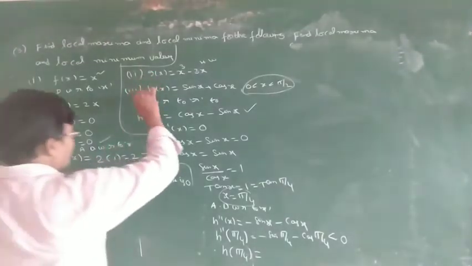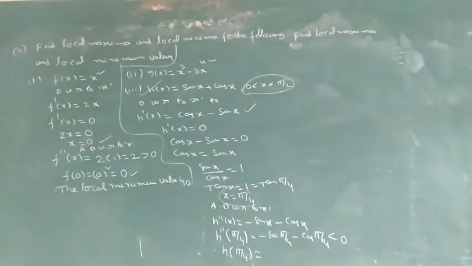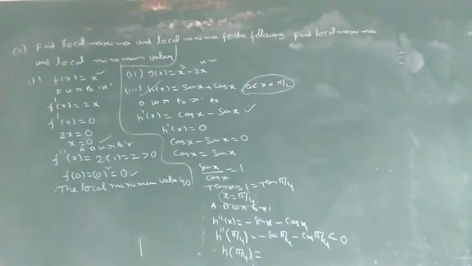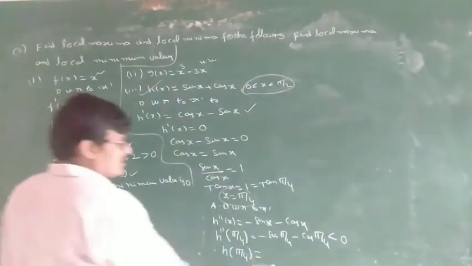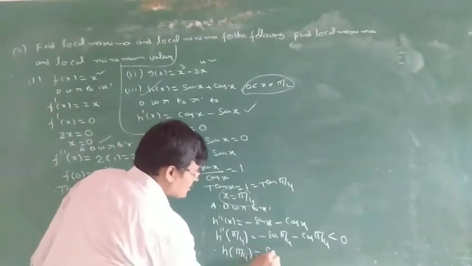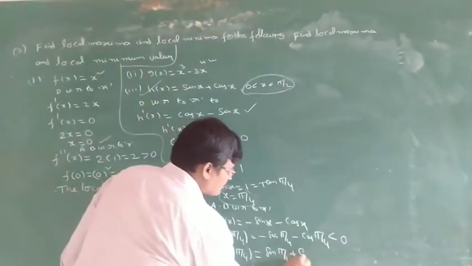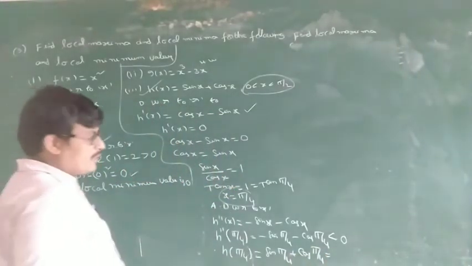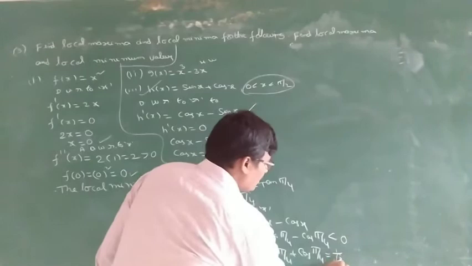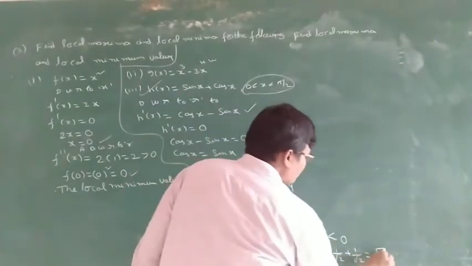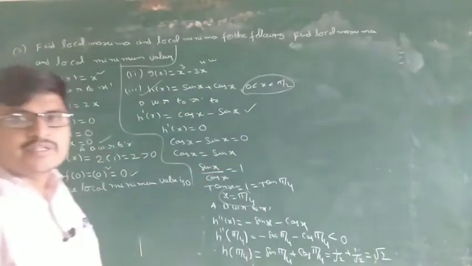We substitute the x value in the given function to get the maximum or minimum value. So h of pi by 4 is equal to sin pi by 4 plus cos pi by 4. Sin pi by 4 is 1 by root 2, plus 1 by root 2. 2 by root 2 means root 2.